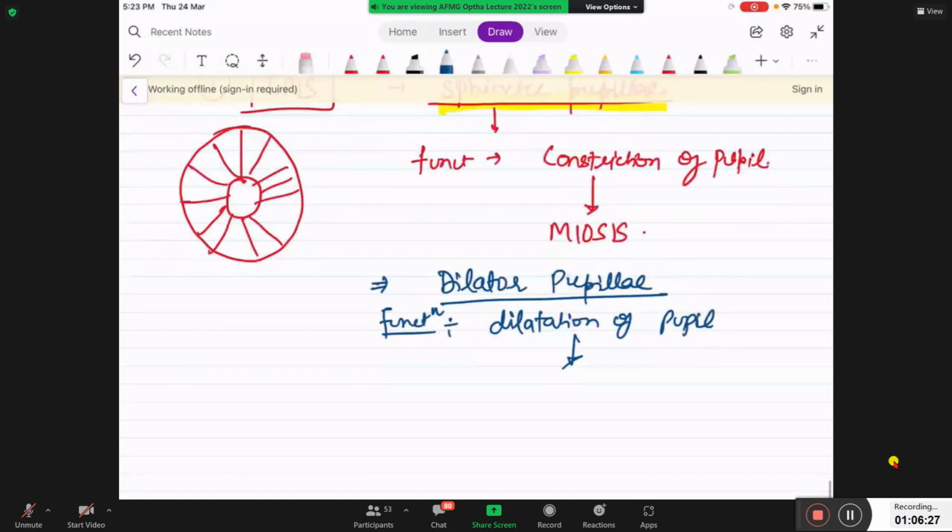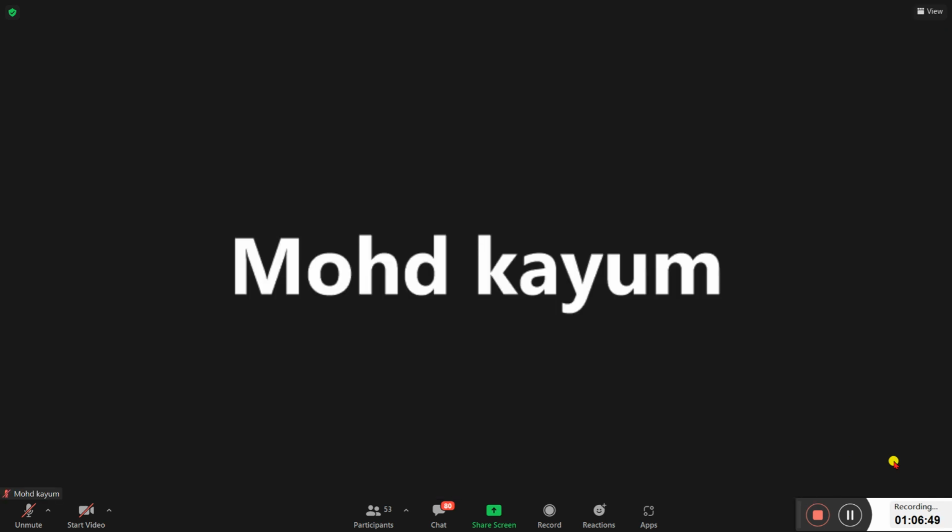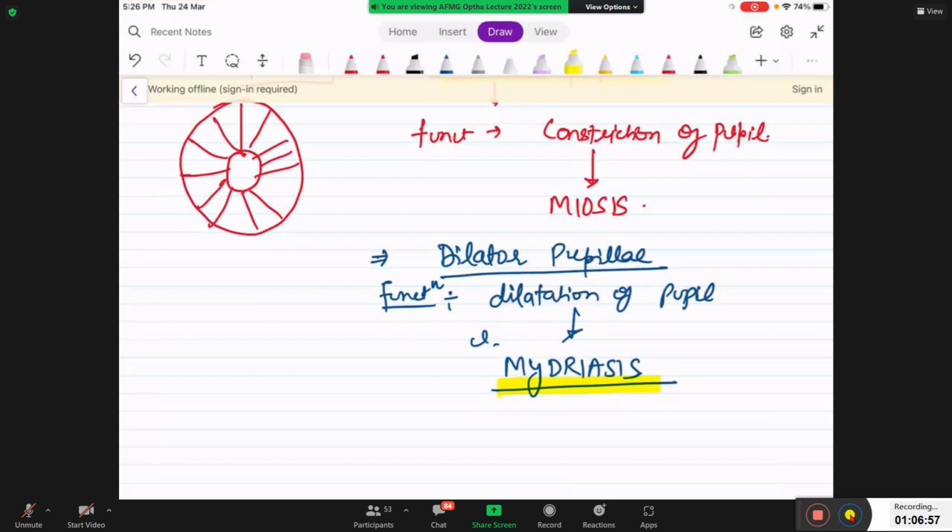Important. Mydriasis is controlled by dilator pupillae muscle, and the term is called as mydriasis.